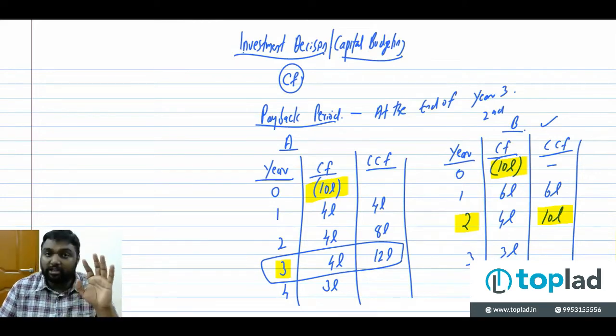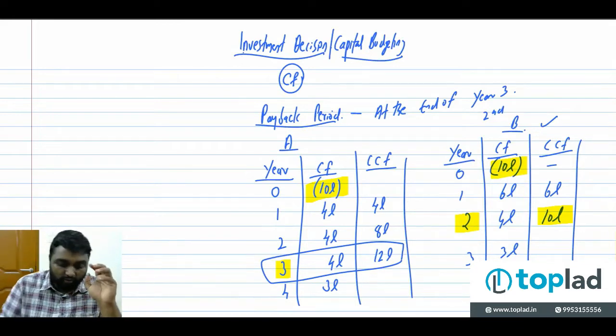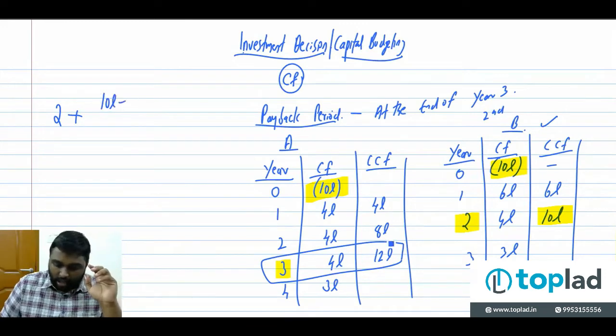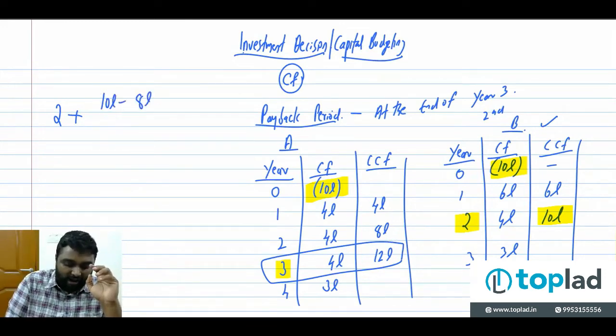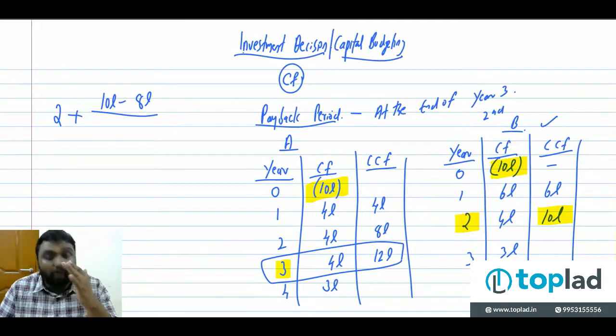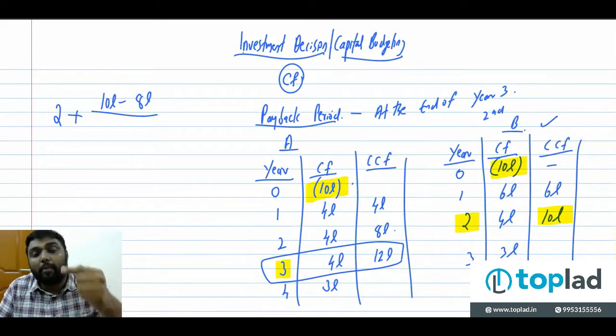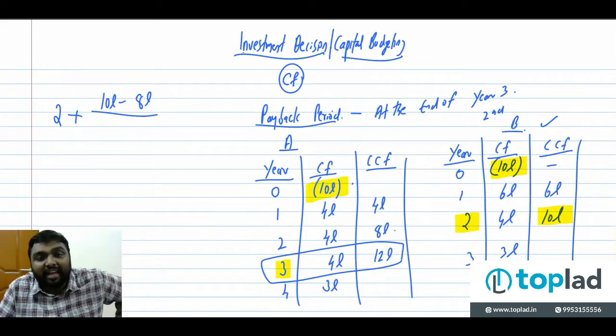Now the payback period is not second year, not third year, it is between second and third year. Yes or no? So how to find out? It is after second year. We want to get 10 lakh. Up to second year we got 8 lakh. So in the numerator we have to give the additional money needed to reach our investment amount. We have reached 8 lakh, outflow is 10 lakh, so an additional 2 lakh is required. In the denominator, the amount received during the current year.